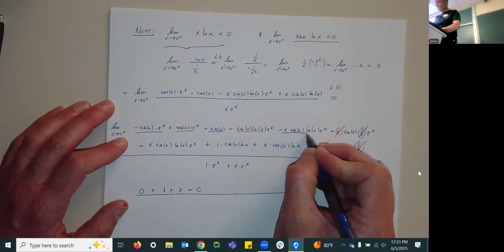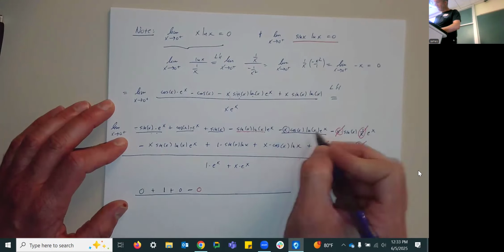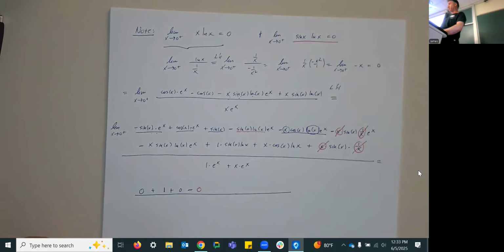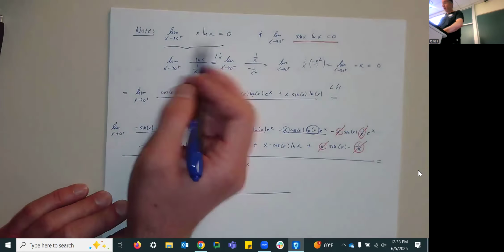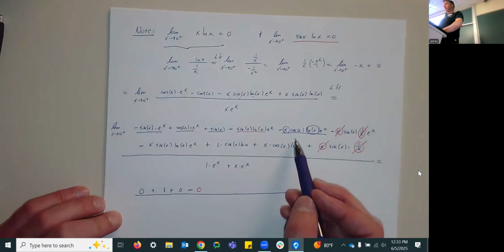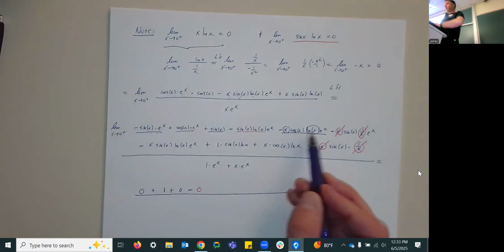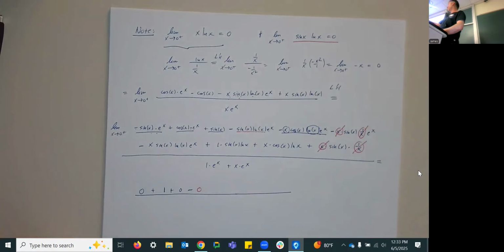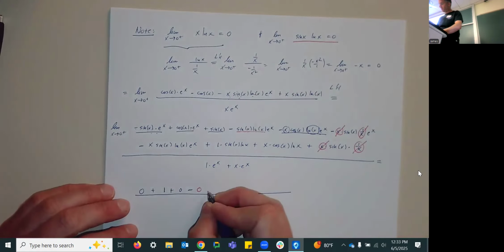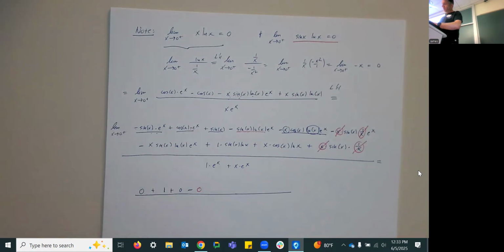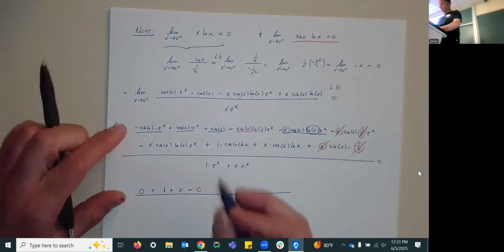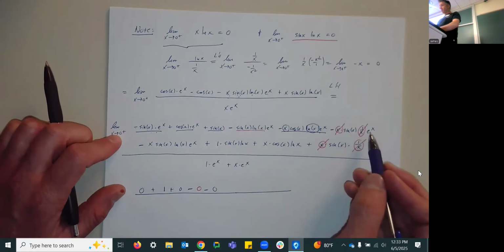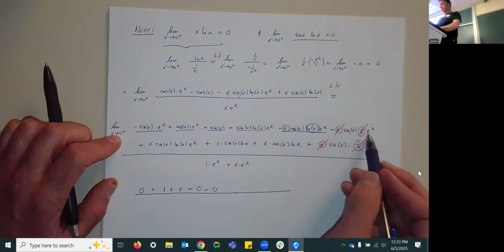Similarly here, the x times the natural log of x has a limit that goes to 0 as x goes to 0. We showed it right there. And then if you're multiplying it by cosine of 0, which is 1, and e to the 0, which is also 1, you get 0 times 1 times 1, which is still 0. And then this is a sine of x times e to the x. Sine of 0 is 0, e to the 0 is 1.